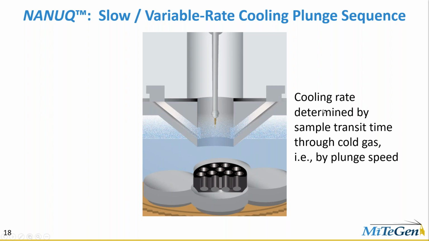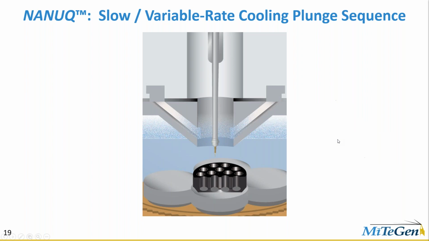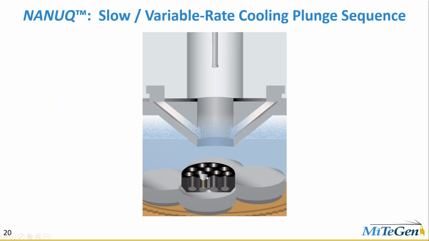And the cooling rate in this case will be determined by how long it takes the sample to go through from the warm air up here to the liquid nitrogen down here. So it's controlled by the plunge speed. And then once you're in the liquid nitrogen, the sample is again translated into the puck, and the puck rotates to the next position.